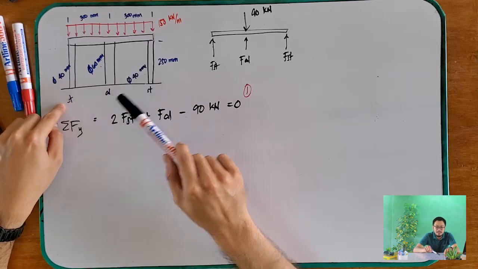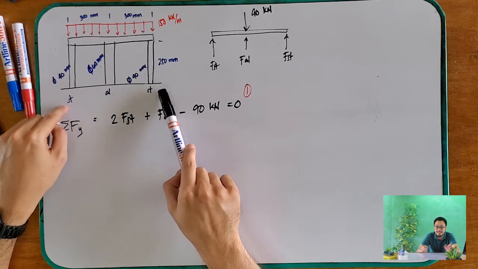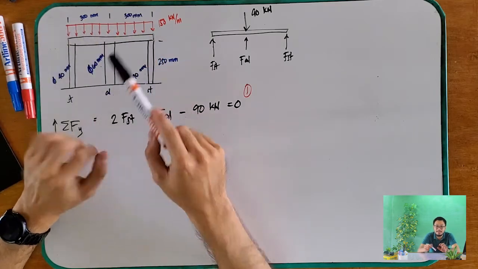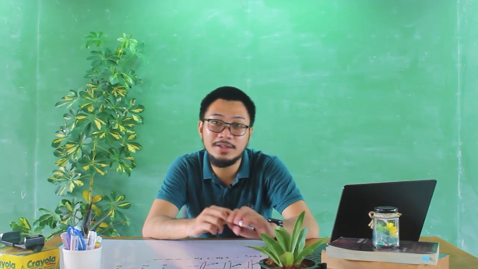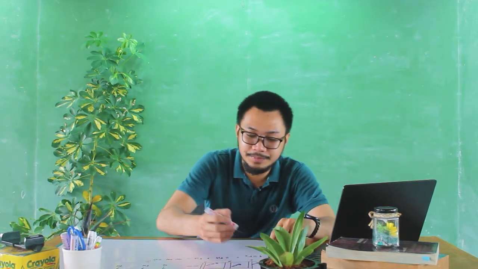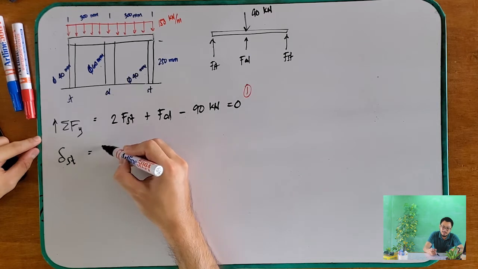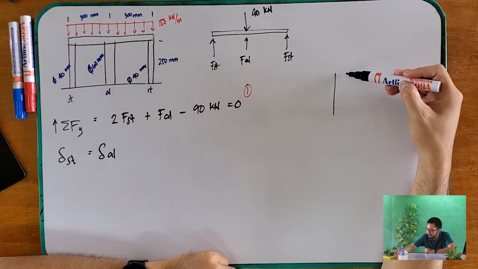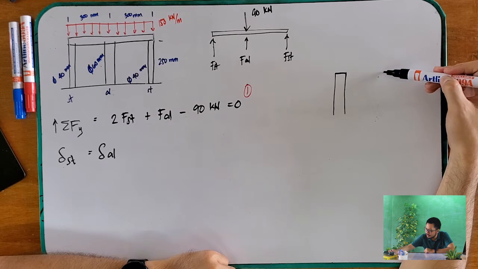Since this symmetric man sila, steel sa isig ka end and aluminum sa tunga, and then ang imong load is distributed, so we can say nga ang deformation aning tulo are equal. So, your deformation of your steel is equal to the deformation of your aluminum in this case. This is your steel. This is your aluminum.